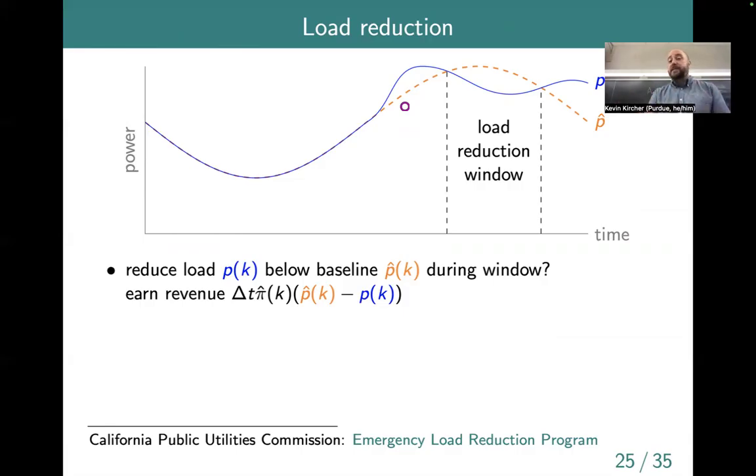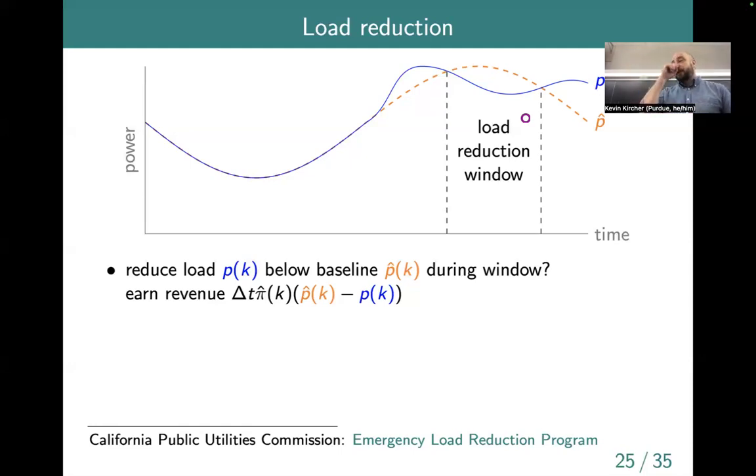So this happens, for example, with air conditioners on hot afternoons in California, where the grid is very tight, and the utility might say, okay, during this, say, 2 to 8 p.m. window, I need to compress load as much as I possibly can.